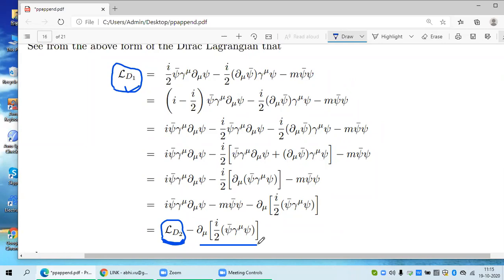Is this coincidental, you mean? Because this total derivative term comes because... okay, I will see. We will see, because this is not coincidental. So how can I say it? How can I answer this? Let me think.